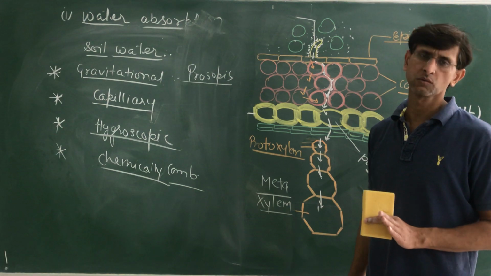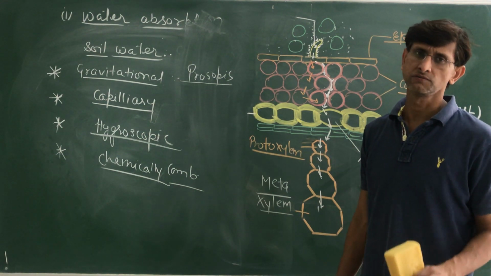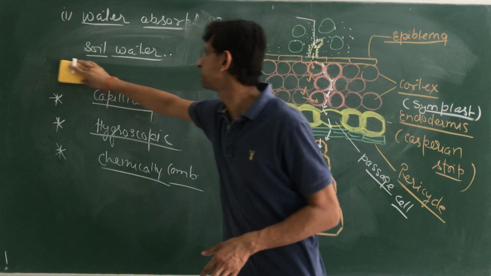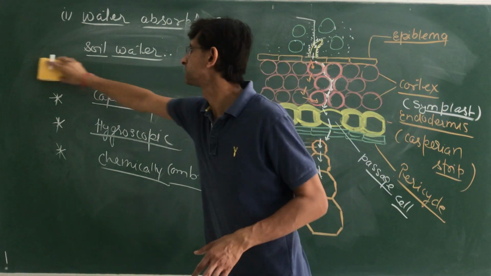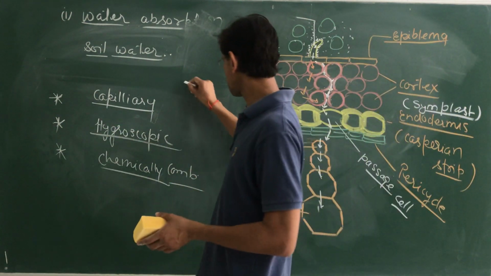Normally this gravitational water is not available for most of the plants, so this is of no use for plants. Then capillary water. What is the capillary water?